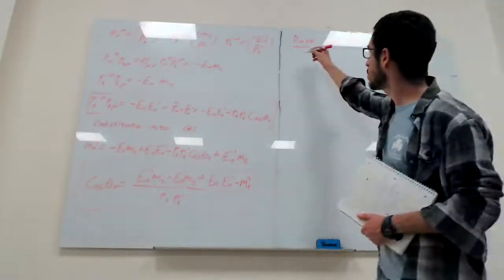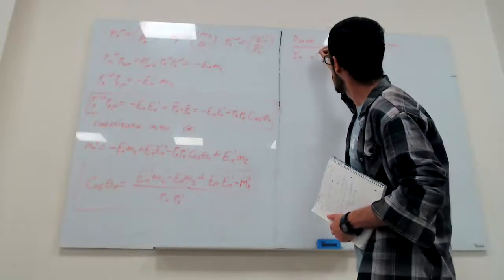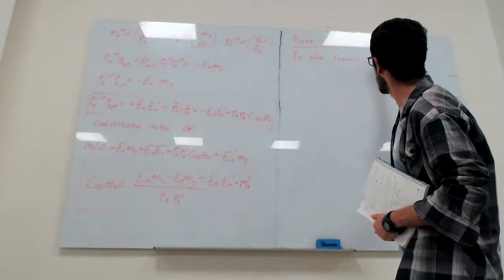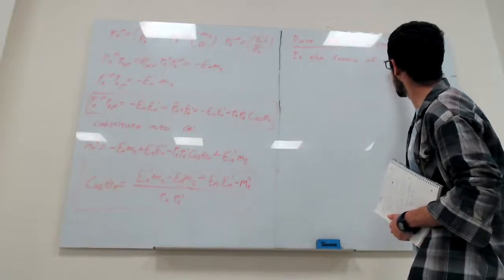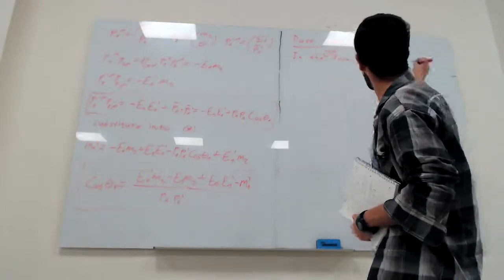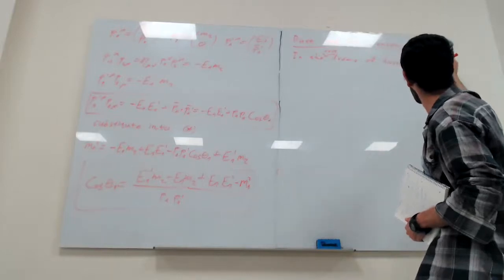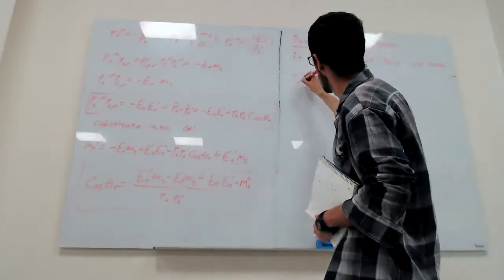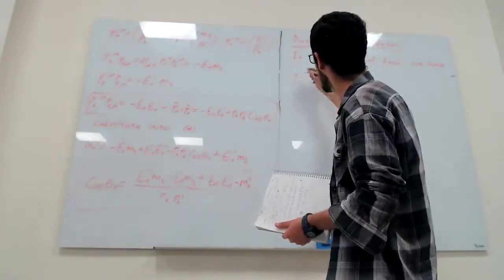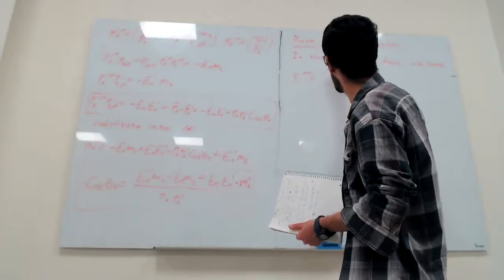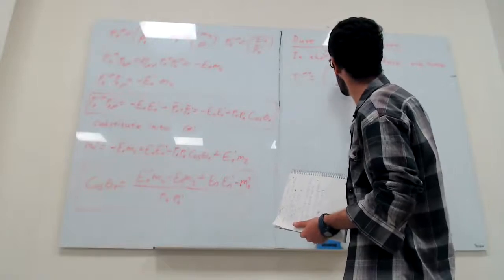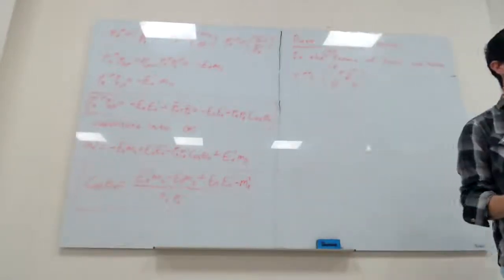Okay, in the frame of the dust, we have T mu nu. T mu nu equals 1, rho, and the others are 0. The rest is 0. Right? Yeah.